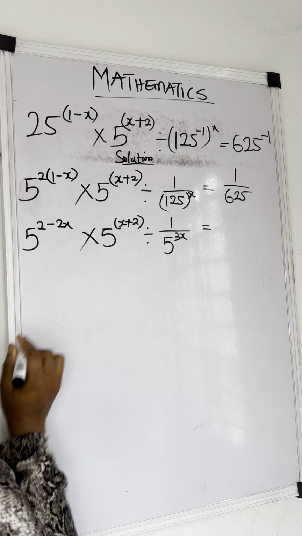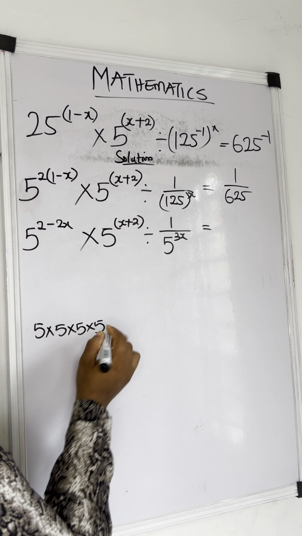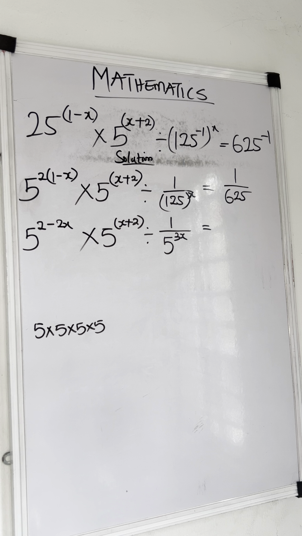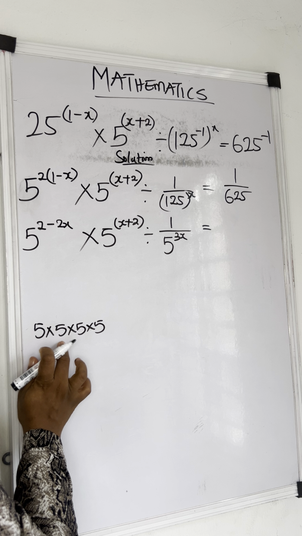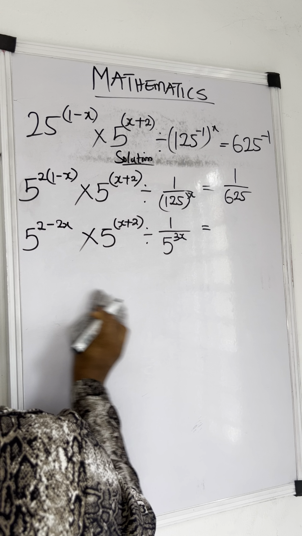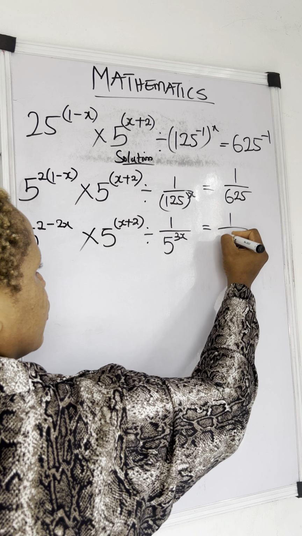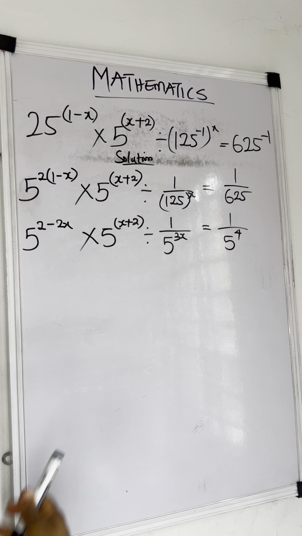Then this x will come, equal to this 625. To put it in the same base is going to be 5 times 5 times 5 times 5. That's 5 to 4 places. 5 times 5, 25. 25 times 5, 125. 125 times 5, 625. So 1 all over 5 raised to power what? 4. We're getting there gradually.